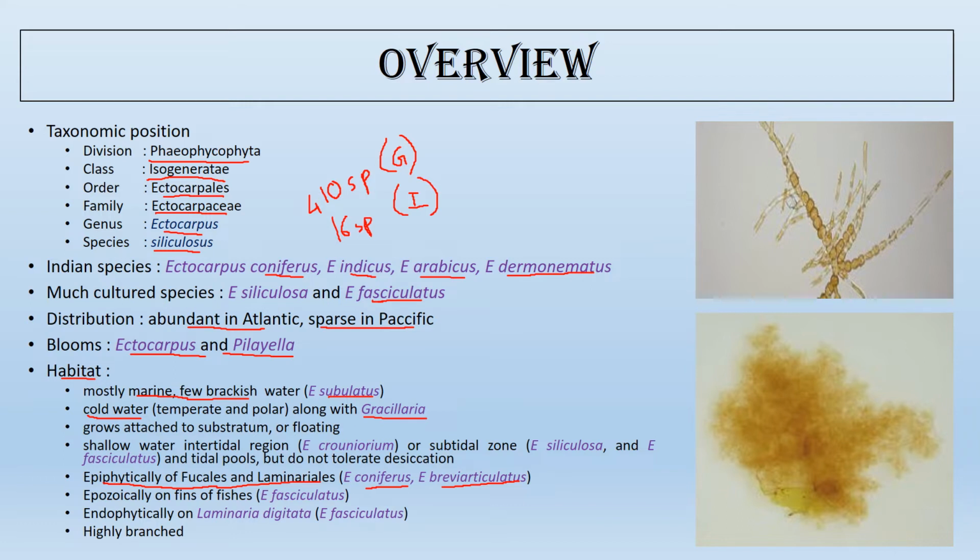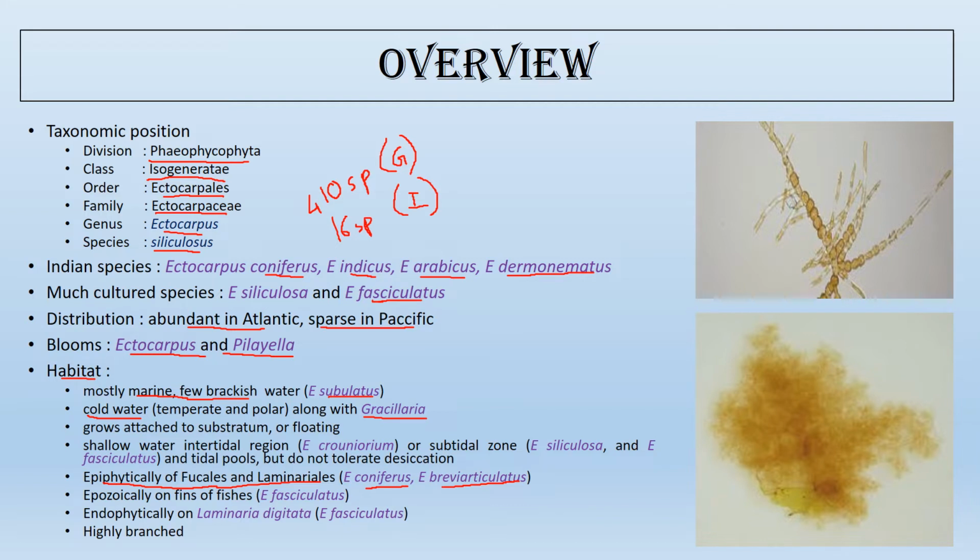But because these Ectocarpus species have this dehalogenase enzyme, they neutralize the halogenated compounds present on Laminaria and Fucus, and after neutralizing them, they can easily grow epiphytically on Laminaria and Fucus.